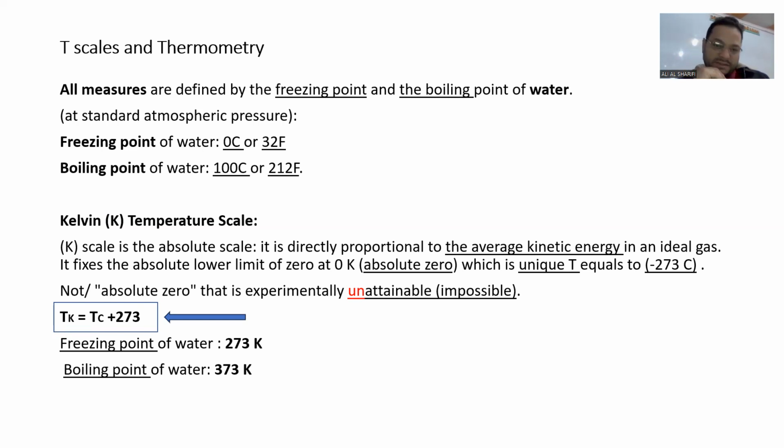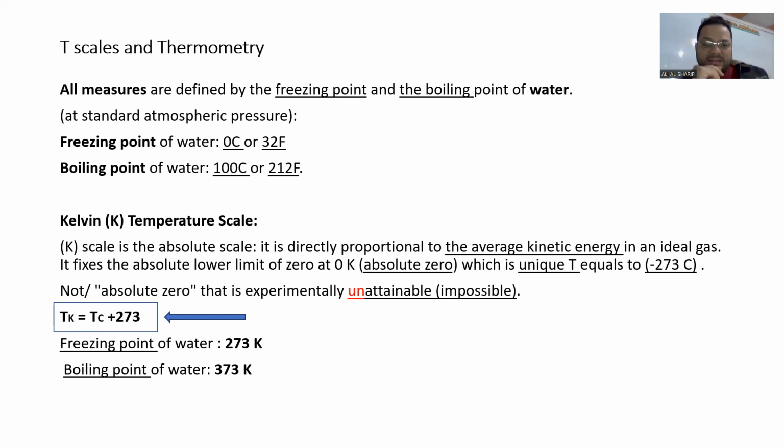Like we know, 0 Celsius is the freezing point of water and 100 Celsius is the boiling point of water. Both of them are calculated depending on water.